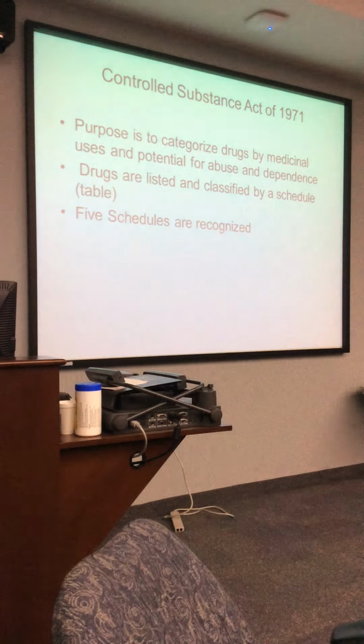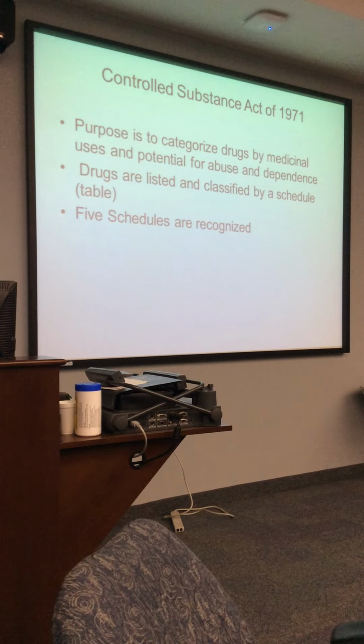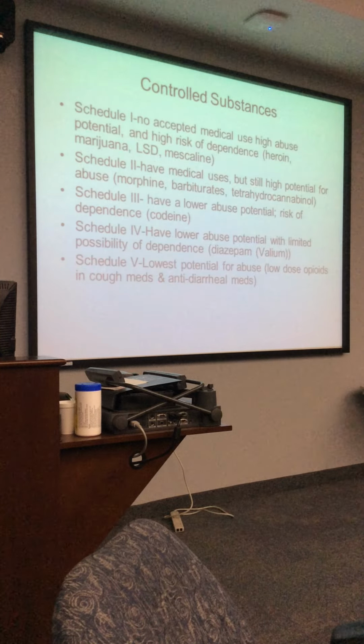Now, the other thing in naming and organizing came about in the 1970s when the Controlled Substances Act organized drugs according to how likely they are for abuse potential. So they've got 5 schedules. Schedule 1 has no accepted medical use and has high abuse liability. That includes things like LSD and mescaline and marijuana.